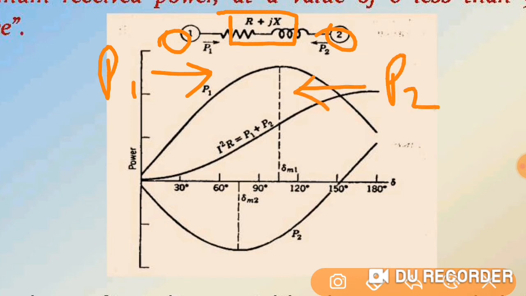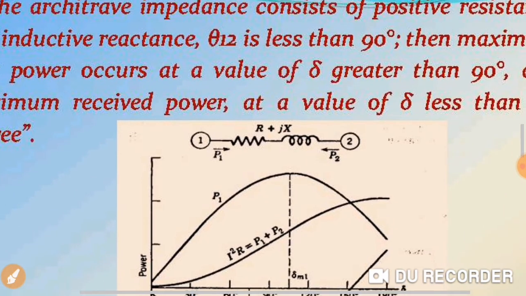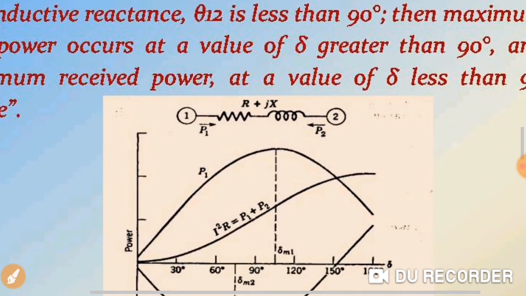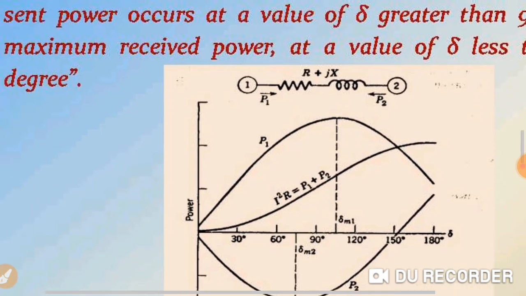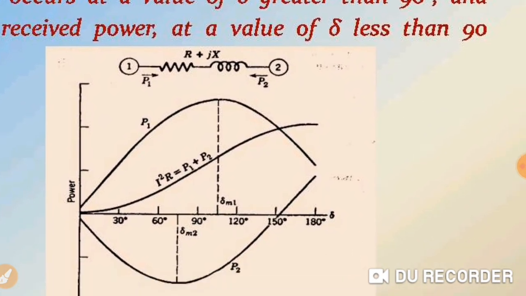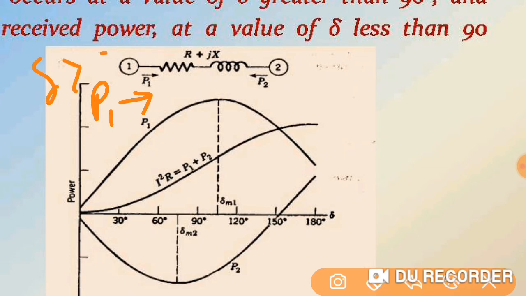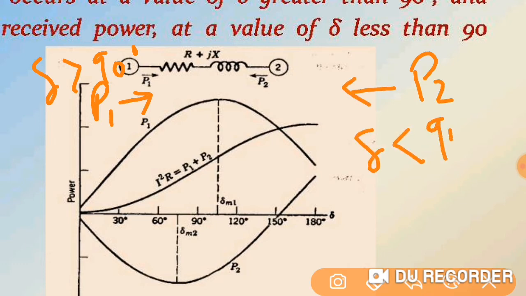Machine 1 is injecting power into the system, that is P1, whereas machine 2 is receiving the power, which is P2. And as we have already discussed, here theta 12 will always be less than 90 degree. The maximum sent power, meaning P1, will always occur at del greater than 90 degree, whereas the received power P2 will always occur at del less than 90 degree.